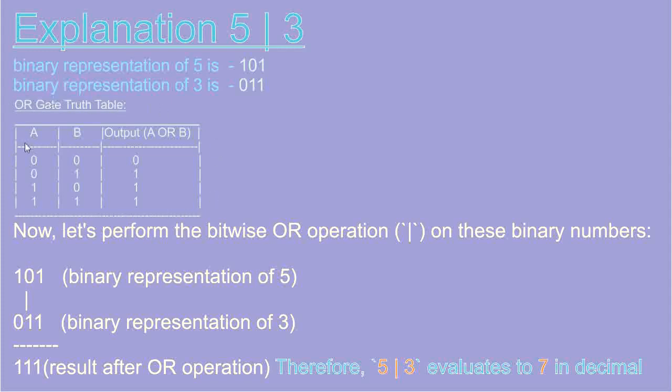Note, we have used OR gate truth table here. Notice here, 0 0 equal to 0, 0 1 equal to 1, 1 0 equal to 1, and 1 1 equal to 1. Here you can see, after calculation we got 111, which was decimal value of 7.